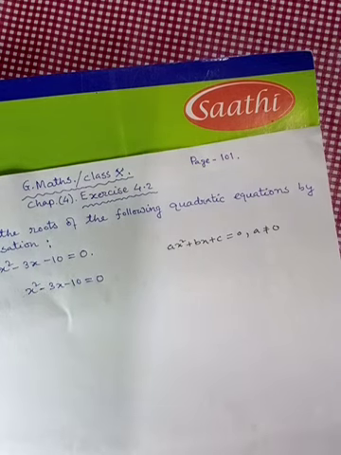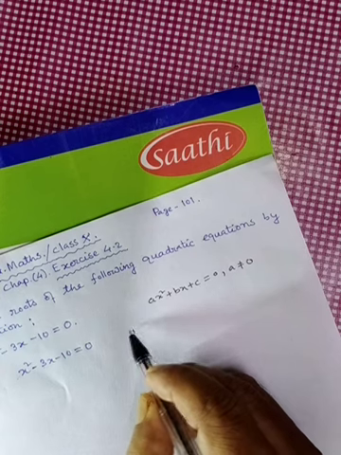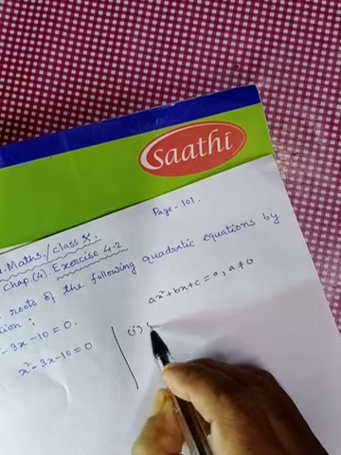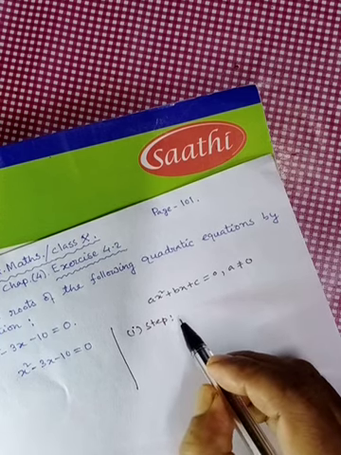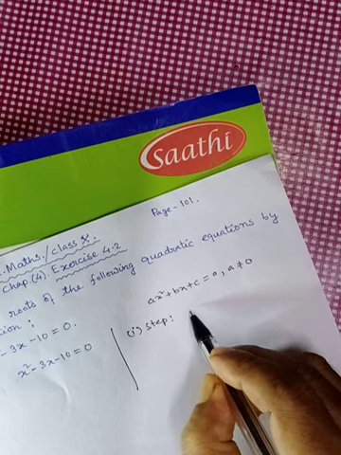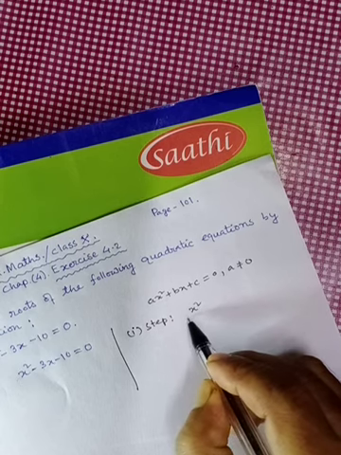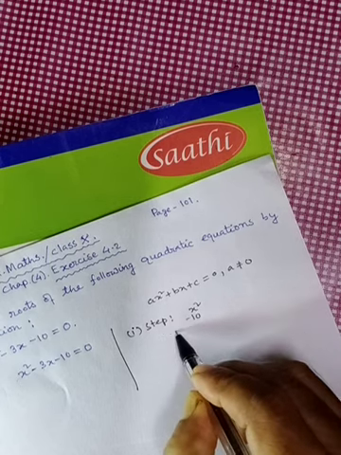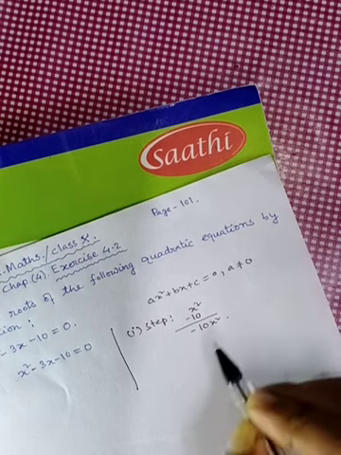So first of all, step 1: you multiply the quadratic term by the constant term, that is minus 10 into x square, minus 10x square.